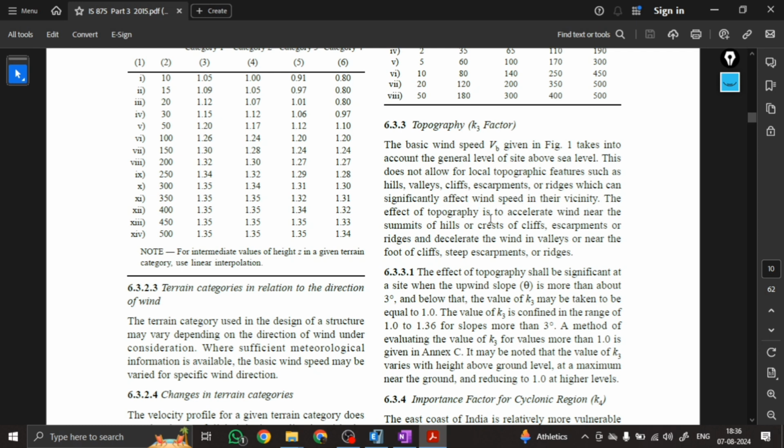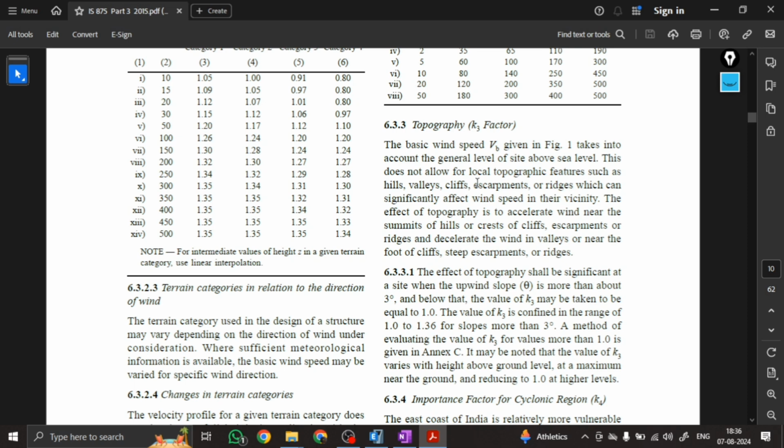The effect of topography is to accelerate wind near the summits of hills or crests of cliffs, escarpments or ridges, and to decelerate the wind in valleys or near the foot of cliffs, steep escarpments or ridges.